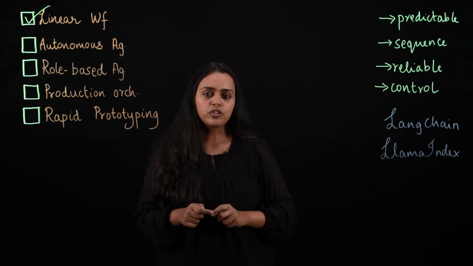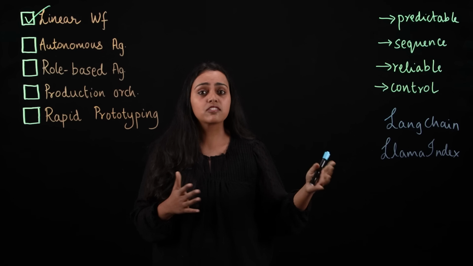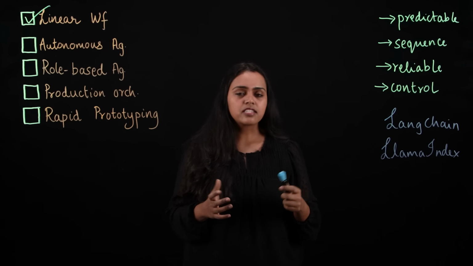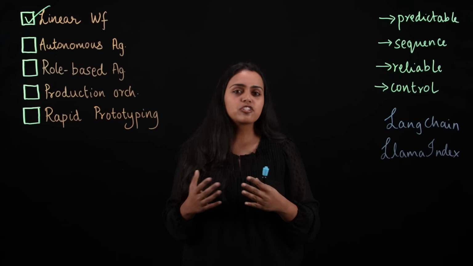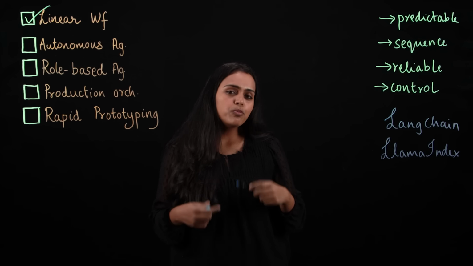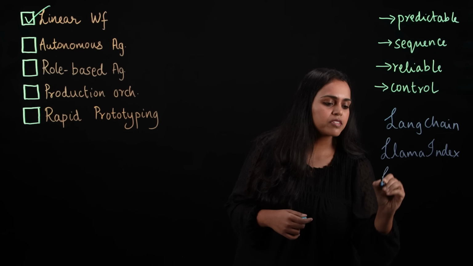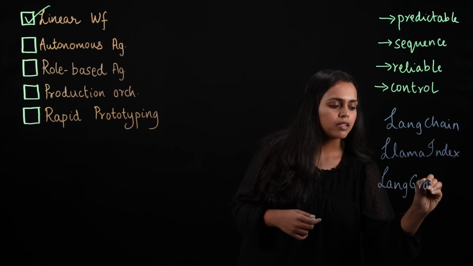LangChain is more suited for setups where multiple steps need to be happening in a certain sequence. And Llama Index is highly suitable for applications that are heavy on the data retrieval and indexing. For more complex setups, you could also use LangGraph, which is also by LangChain.